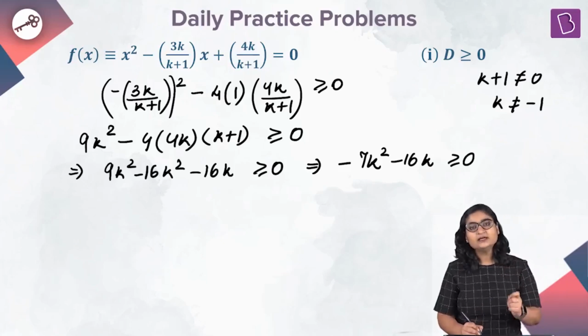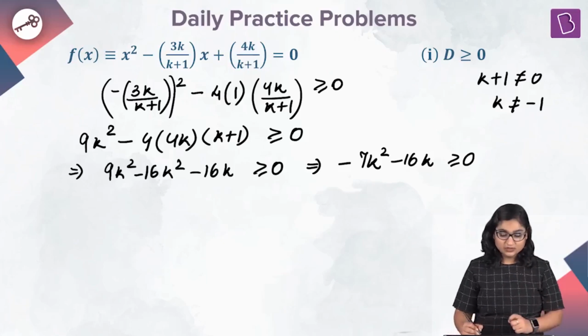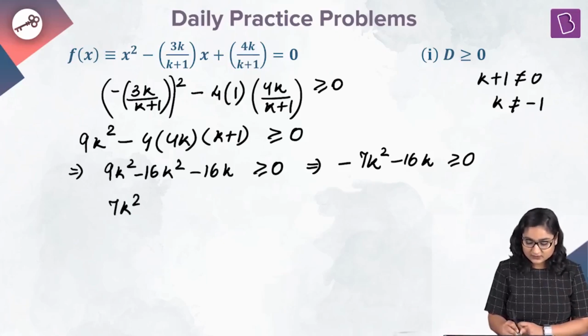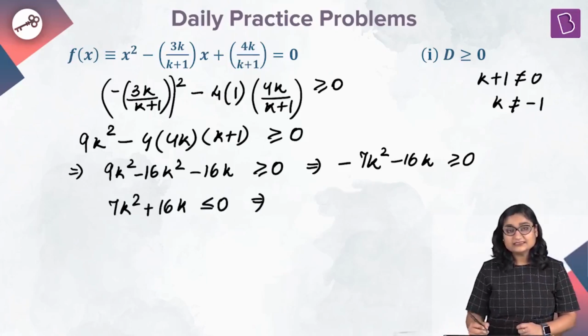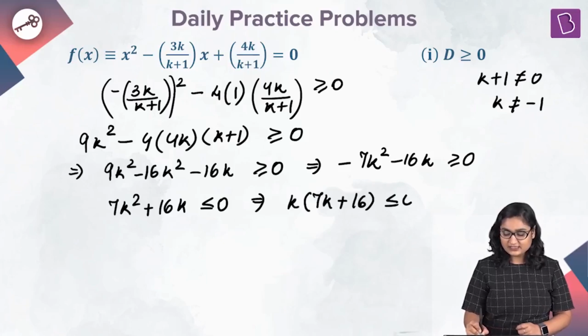If you are multiplying an inequality with a negative number, the inequality sign will reverse. If it was greater than equal to 0 earlier, it will become less than equal to 0. So what we'll get is 7k square plus 16k less than equal to 0. And this can be further factorized and written as k multiplied by (7k plus 16) less than equal to 0.